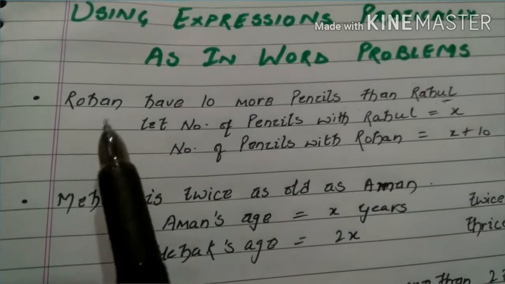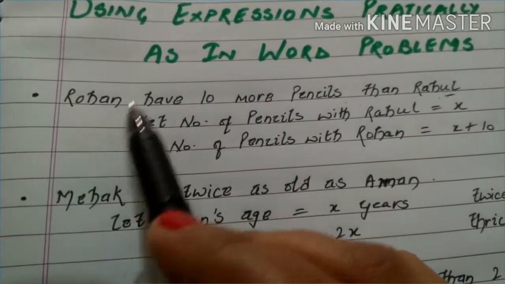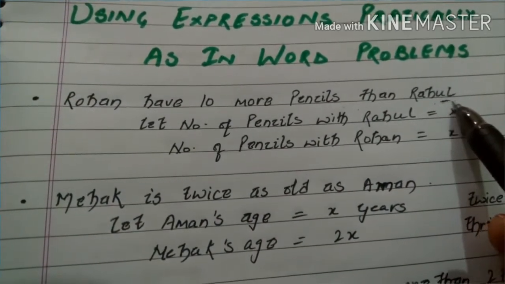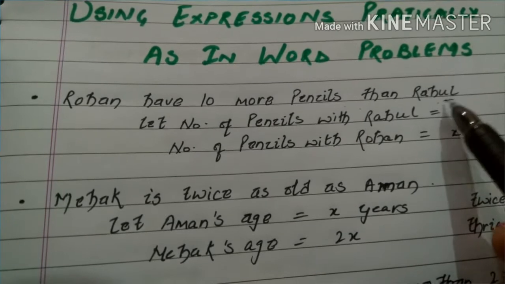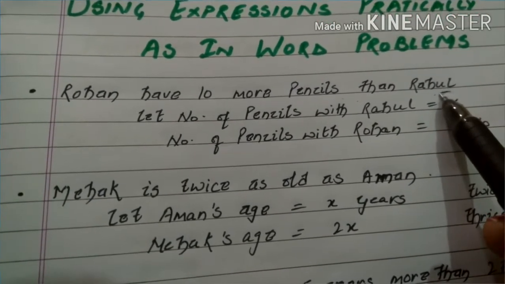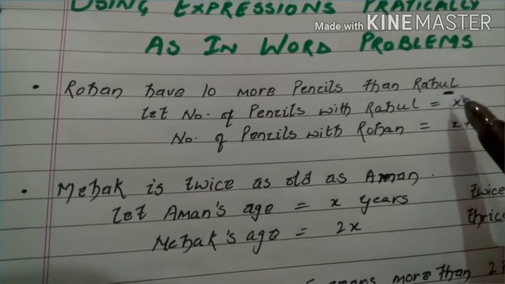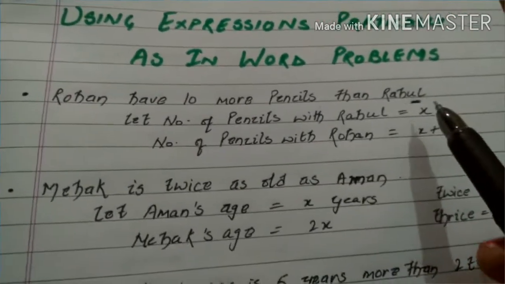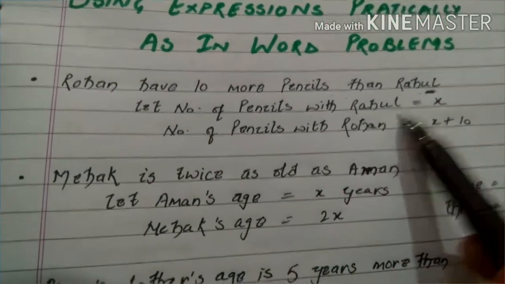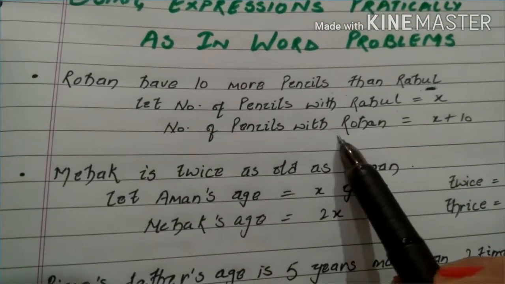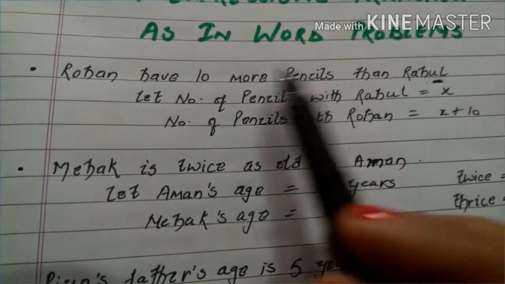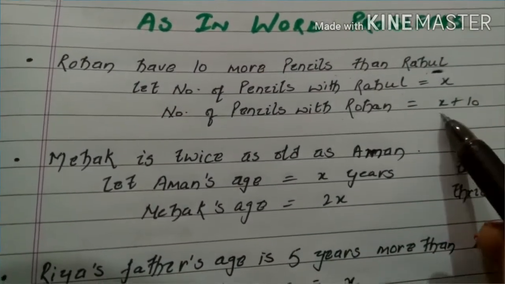Here the comparison of Rohan's number of pencils has been given from Rahul's number of pencils. So always take the variable X for the person from whom the comparison is given. Here, let the number of pencils with Rahul be X. So the number of pencils with Rohan will be 10 more than Rahul, that means 10 plus X or X plus 10.